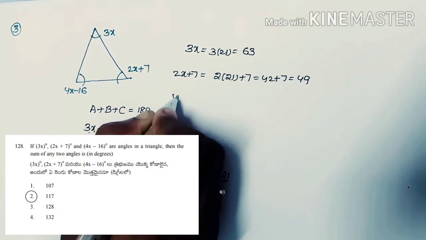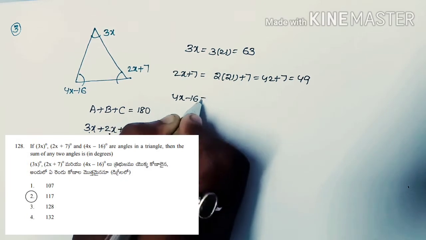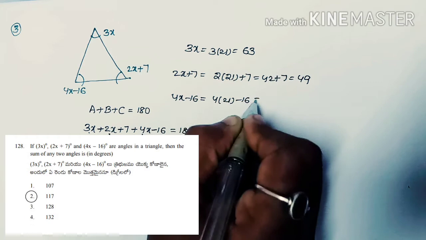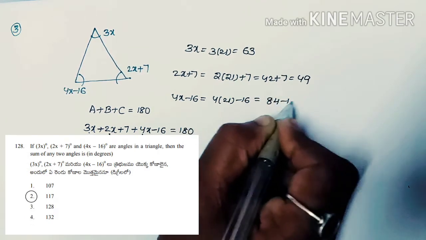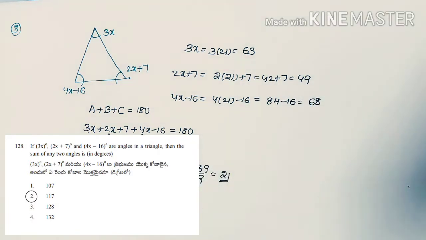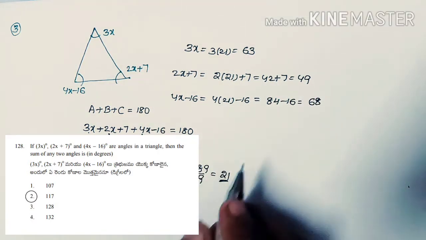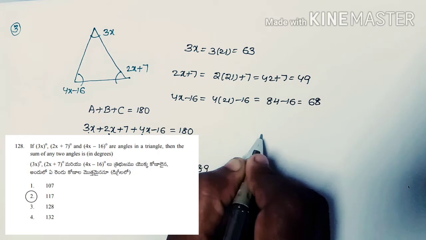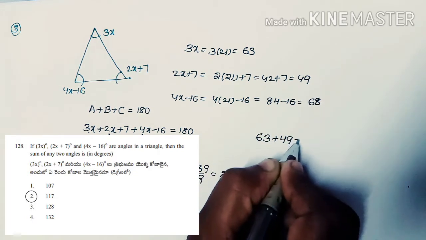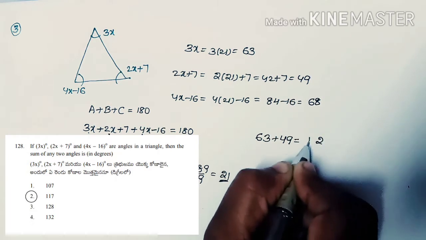And the third angle is 4x minus 16, 4 into 21 minus 16, that is 84 minus 16, which is equal to 68. Now the question is the sum of two angles. First we are adding the first two angles: 63 plus 49 is equal to 112.